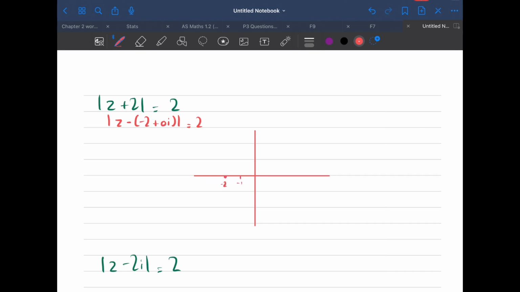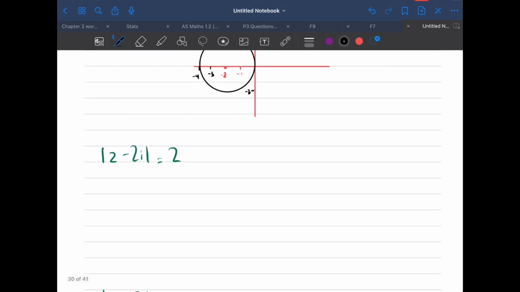Here. So now let's draw a circle. Okay, so this is minus 2, this is 2, and this is minus 4. Got this? Two up, two down, two on the right side, two on the left side. Now it is better that you use a compass and protractor. Got this?